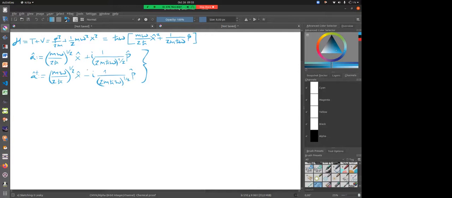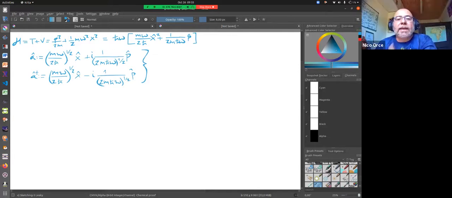Then we have that A plus A dagger will be equal to 2 times the square root of M omega over 2 h bar times X. So X equals A plus A dagger.